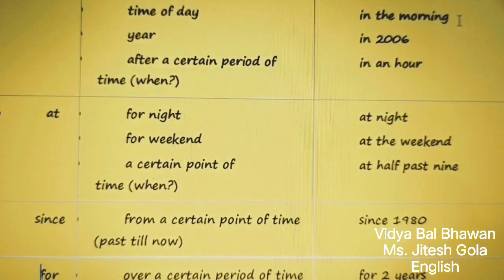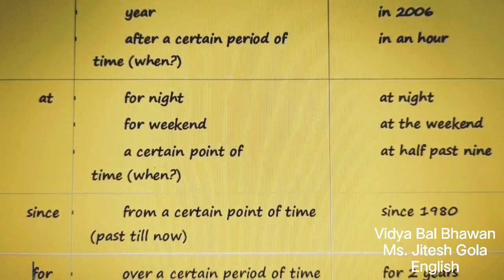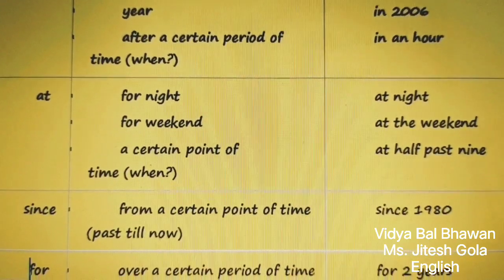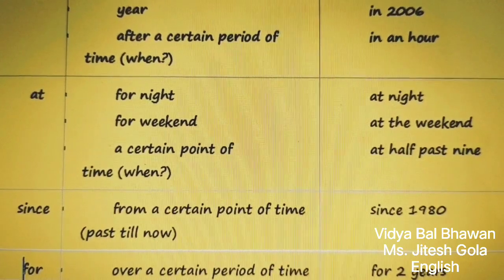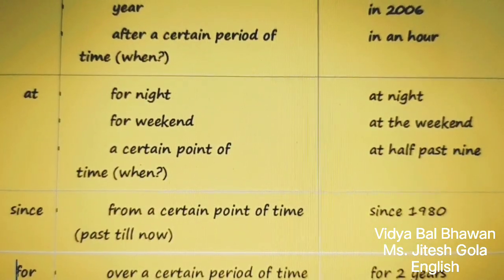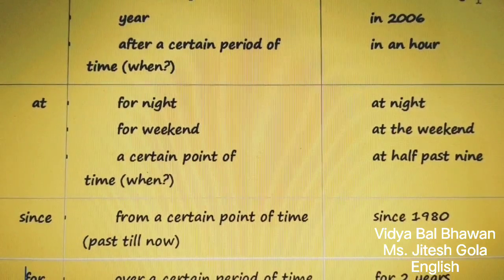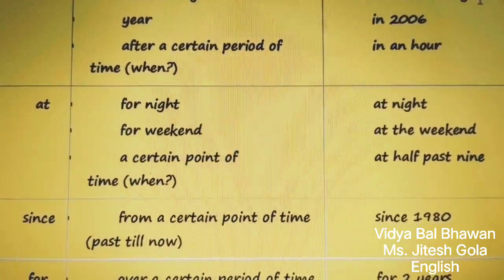Next one, at. For night, for example, he will come at night. For weekend, I will be there at the weekend. Please try to understand, and write more and more sentences using all these prepositions that I am going to discuss today for your practice.